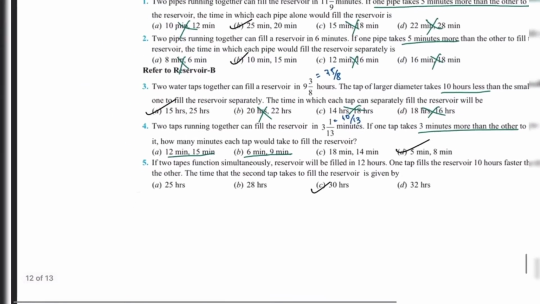However, now what you can do is just check adding each of these, whether you get 40 by 13 or not. So basically, what do you need to check? Like we did, you remember 1 by x plus 1 by x plus 3 should give us 13 by 40. So this is what we will check. 1 by 12 plus 1 by 15.